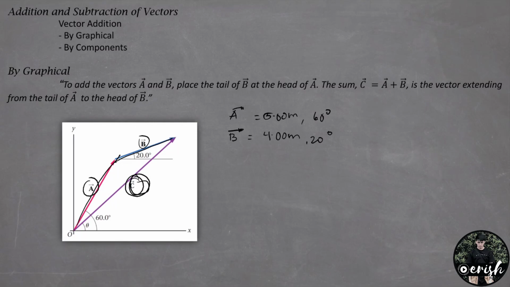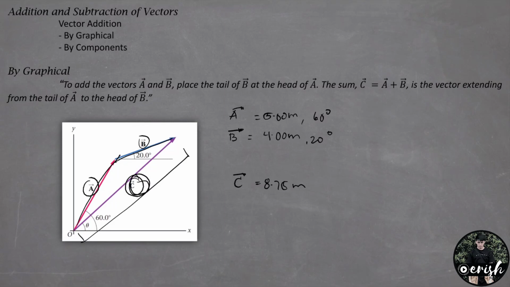By graphical method, a graphical way to answer that question is to simply measure the length and direction of the vector C. Susukatin lang natin ito. We can use a ruler, and using a ruler, we can find the length of vector C to be approximately, say, 8.75 meters, approximately, again, kasi gumamit lang tayo dito ng pangsukat ng ruler.